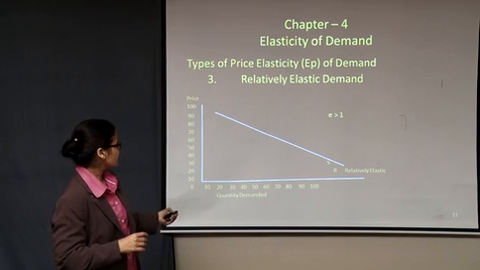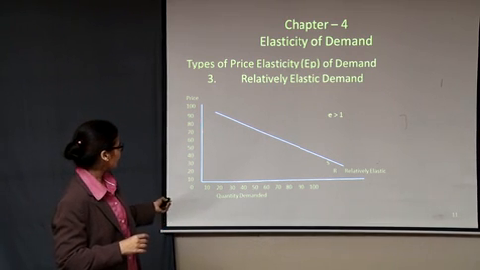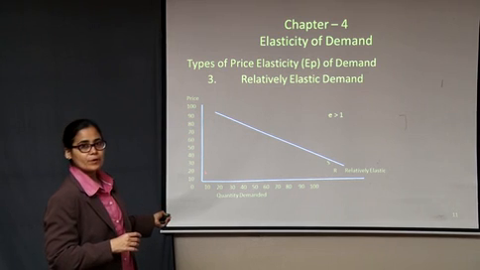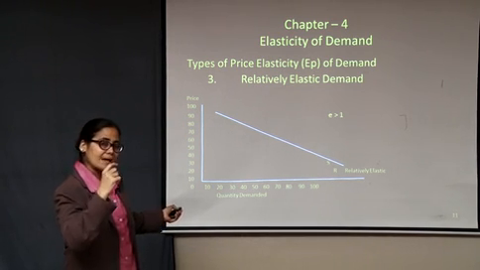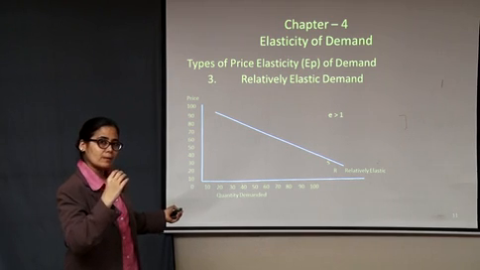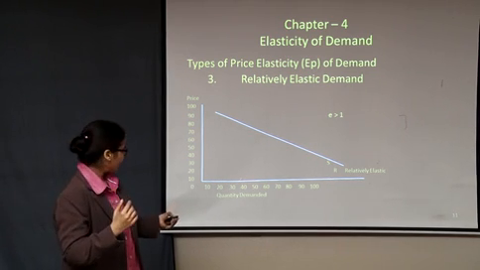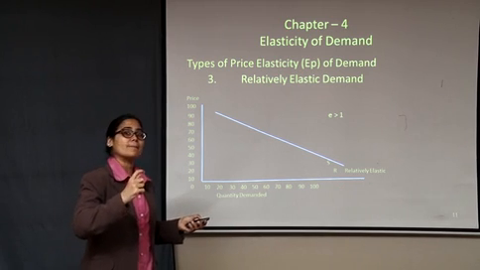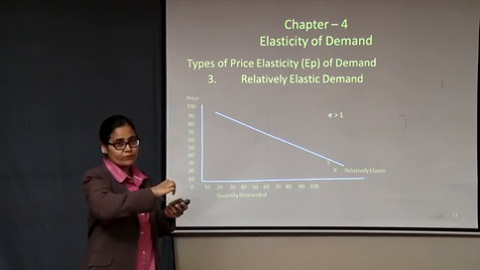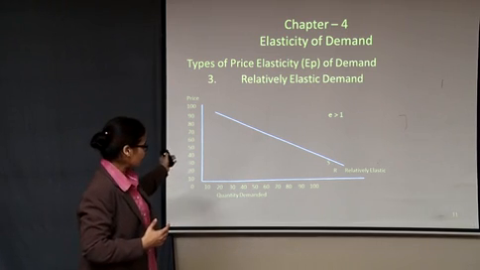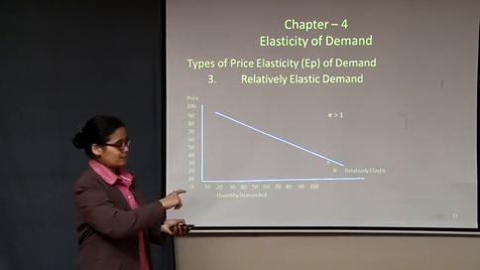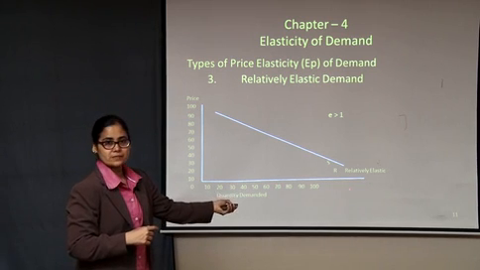The meaning of this is that the change in price is measured on the y-axis. So the change in price will be comparatively in a smaller proportion, whereas the change in demand will be in a comparatively larger proportion. Therefore, that distance is comparatively wide, such that it spreads across the x-axis.